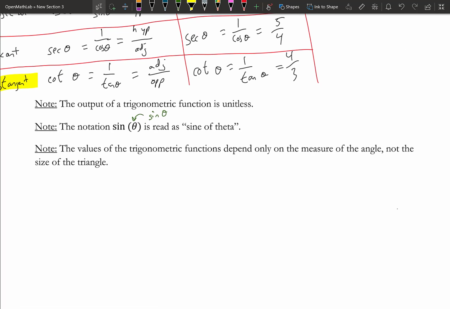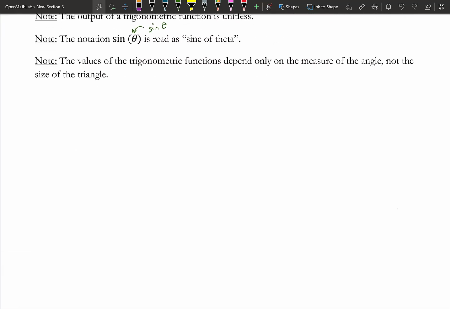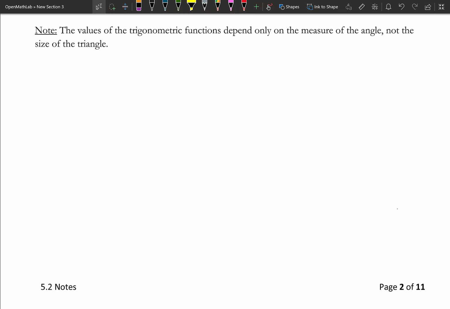And then the last thing, just a note here, is that the values of the trigonometric functions depend only on the measure of the angle, not the size of the triangle, right? So that's another note to consider, and I can help you think about why that's true. So to think about this, I need to draw a diagram that models this situation. So let me draw.